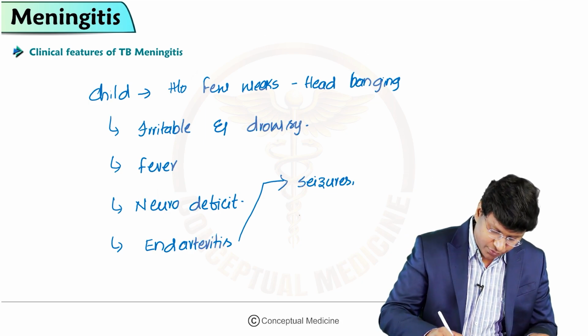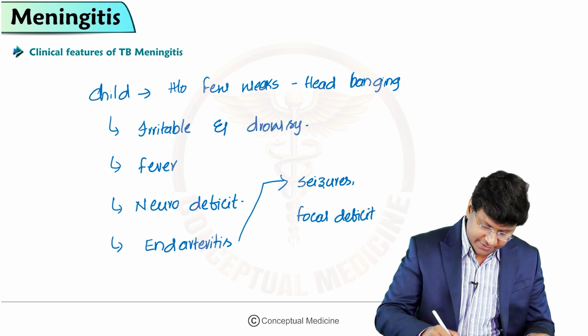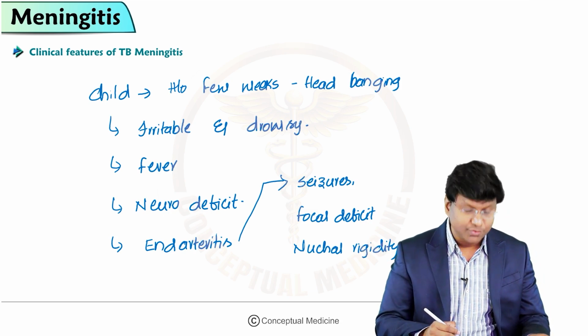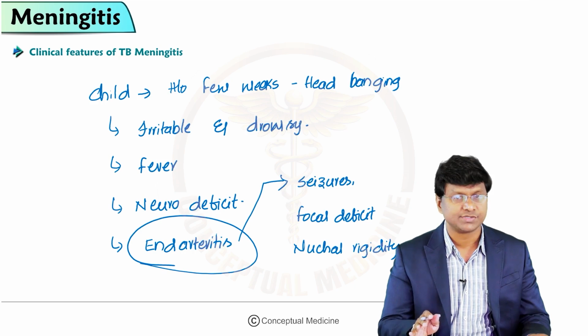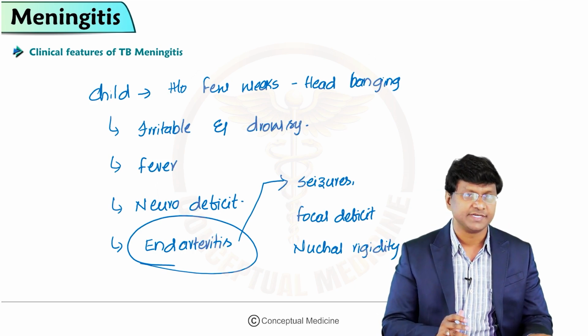They will have focal deficit, and they can have nuchal rigidity. That is because of the tuberculous endarthritis. Okay, so these will be the clinical features of tubercular meningitis.